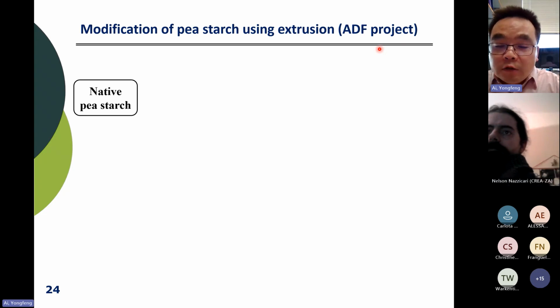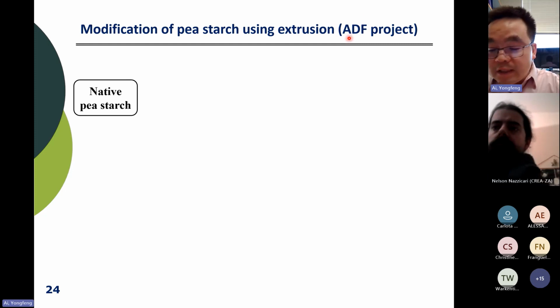And actually, Dr. Tom Workington and I, we are co-supervising one PhD student to look at how we can use extrusion as a clean label method to modify starch. This study is actually funded by the same funding program, but under a different project, we call it the ADF program, and the research is not from the SI program.